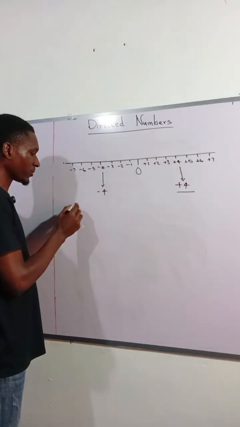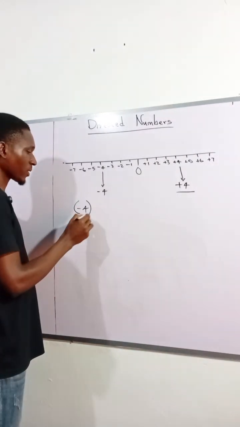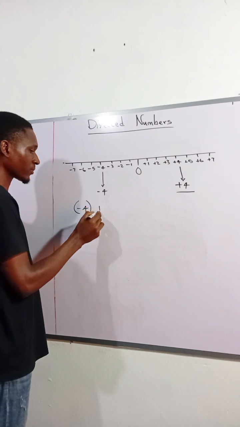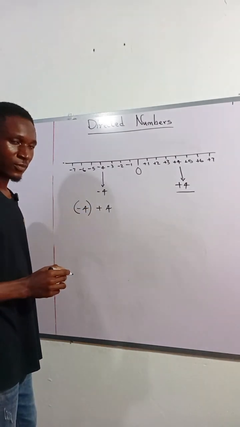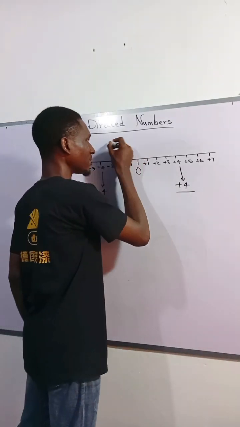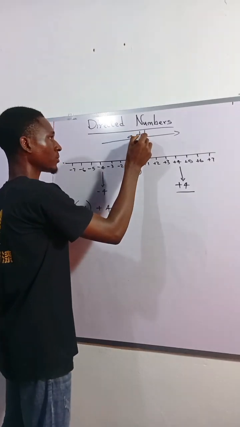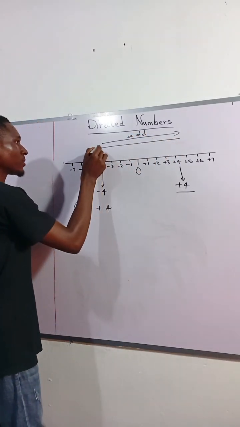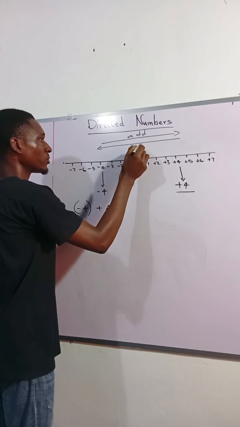Imagine I ask you to add minus 4 plus 4. When you are adding, you move to the right to add. And when you want to subtract, you move to the left to subtract.